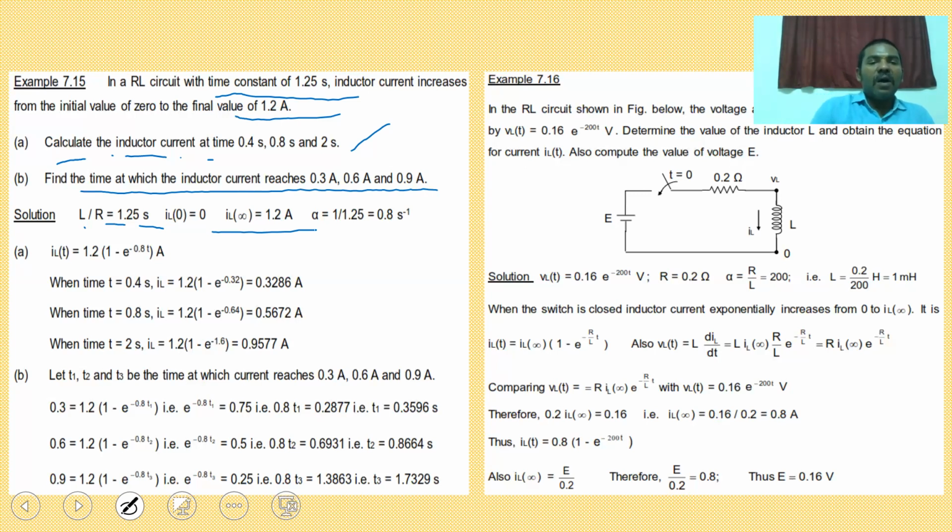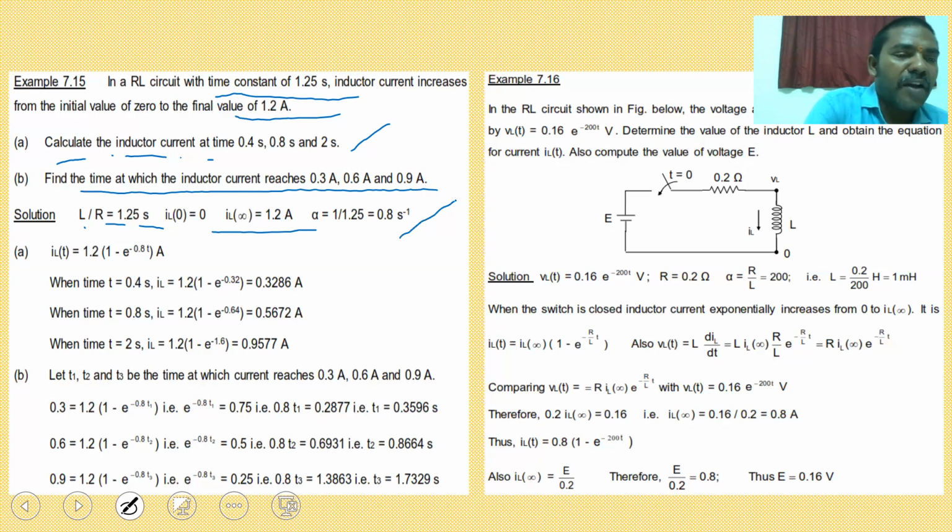Now the time constant L by R is 1.25, so R by L is how much? You get 0.8 per second.